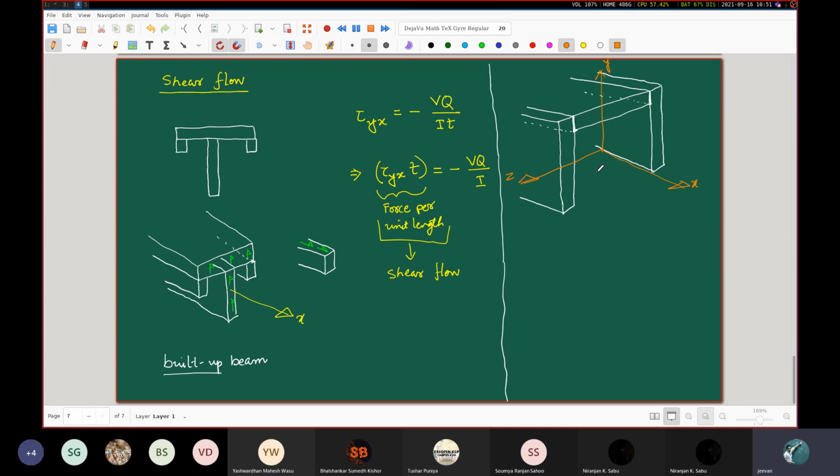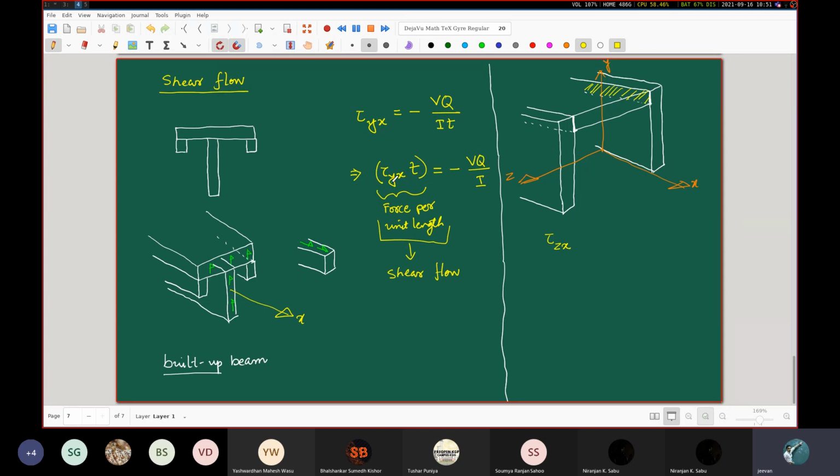So the shear stress we will be concerned with is not tau yx, rather it will be tau zx. Suppose you are considering this zone, the shear stresses you would be concerned with will be tau zx.